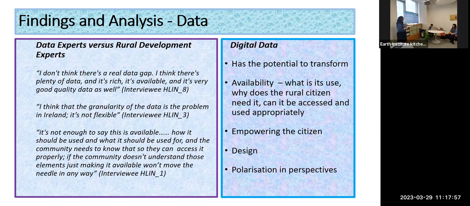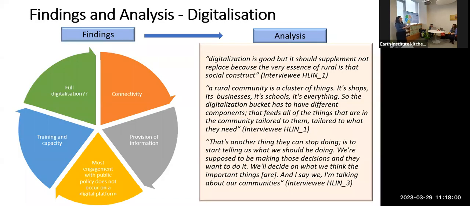So in the next slide, we talk about digitalization. This was one of our controversial questions because people didn't really know what to think of it. And in rural development at the moment, there's a lot of talk about smart villages, and there's a misunderstanding of what that is. From one element, it's having a solar powered bin in your town, or for others, it's broadband. There's a lot of confusion out there at the moment about what smart means; we talk about smart cities, but what does it mean in a much more dispersed population sense?